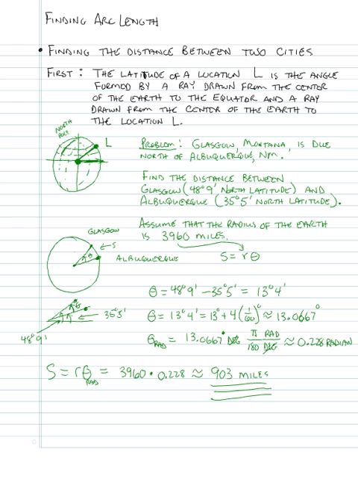If we know the angle between the two cities and the distance between them, then the only unknown would be the radius of the Earth, wouldn't it? And so we can use that information to calculate the radius.